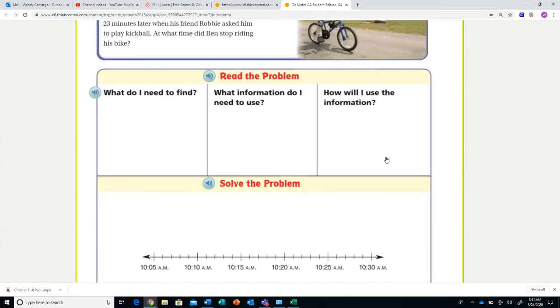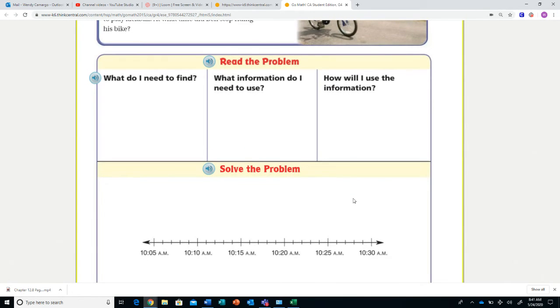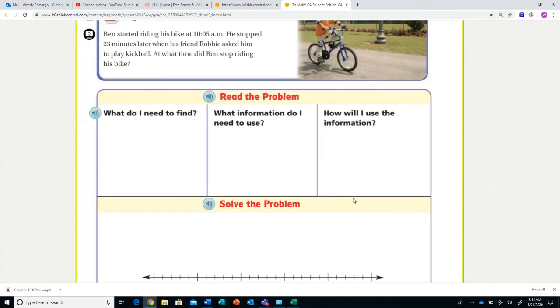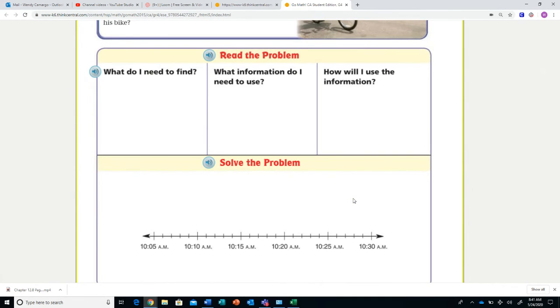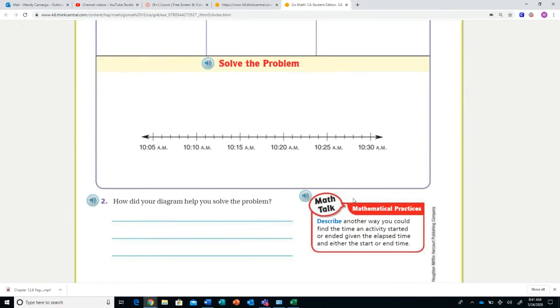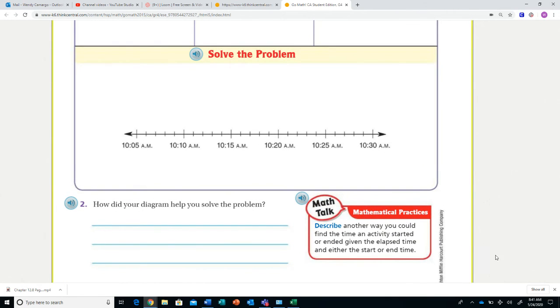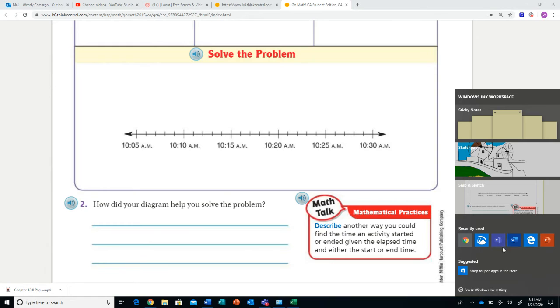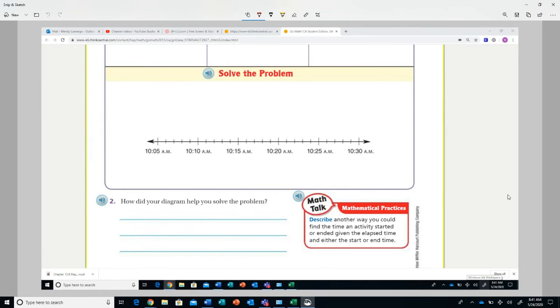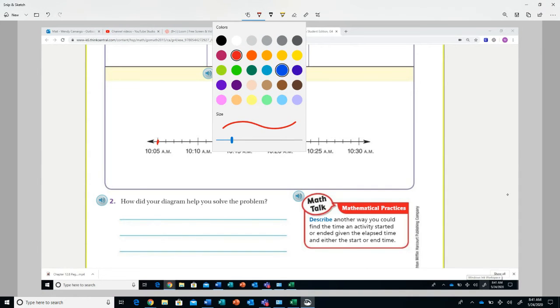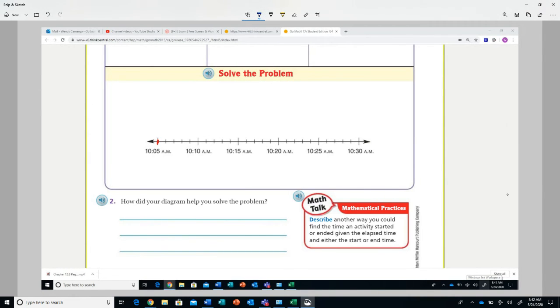Now they want a number line, which they've very nicely included here. So I'm going to take our number line, and that's where I'm going to pick up. So 10:05 and 23 minutes. I'm going to focus on solving the problem here in question 2. You guys can work on the top a little bit more yourself. So if he started at 10:05 and he rode his bike for 23 minutes, the tick marks on this are 1-minute intervals.